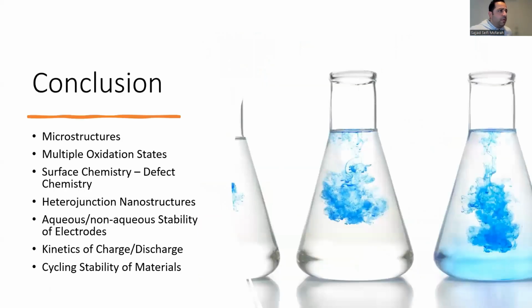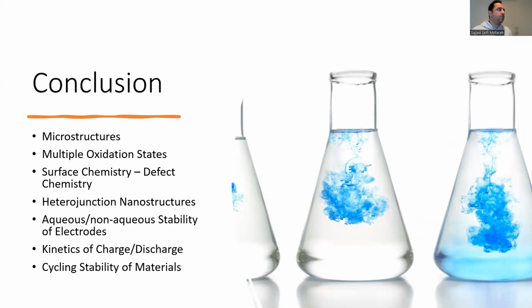So in my last slide, I want to highlight important factors in design and development of pseudocapacitance materials that we discussed over this presentation. One of them is microstructure, how important it is to design your material from microstructural points of view, the morphology of materials.